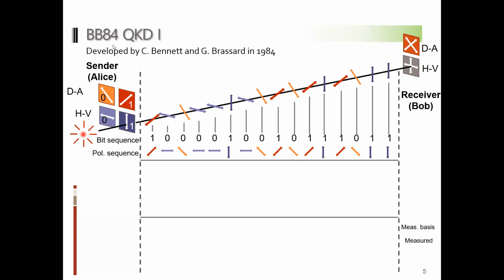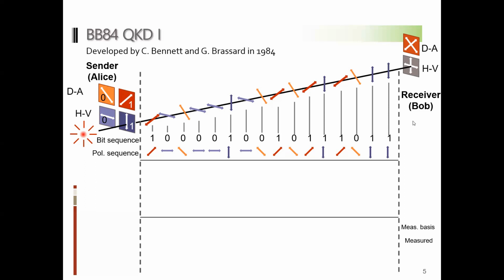But the BB84 protocol does not work in that way. During the transmission of the photon, Alice never tells Bob which kind of basis is used for each bit. So Bob has some missing information, and even under such a situation, Bob should do something.